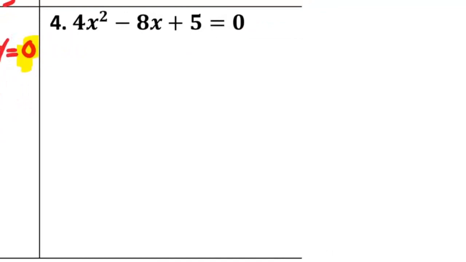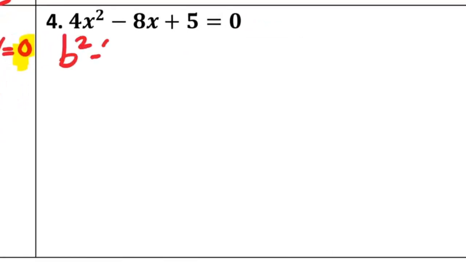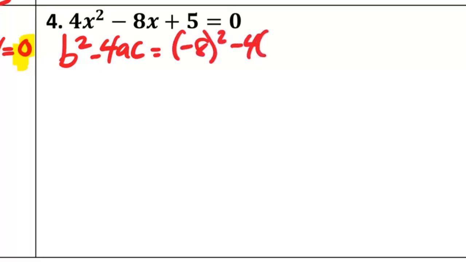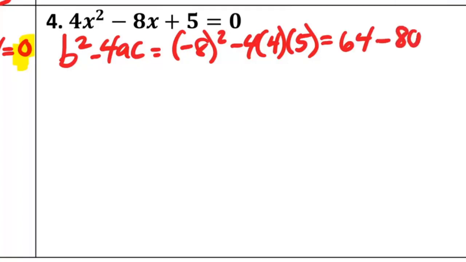Number 4. B squared minus 4ac is negative 8 squared minus 4 times 4 times 5. Negative 8 squared is 64. 4 times 4 times 5 is 80, so minus 80, or negative 16.